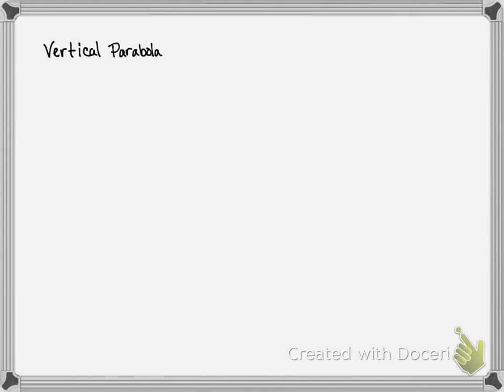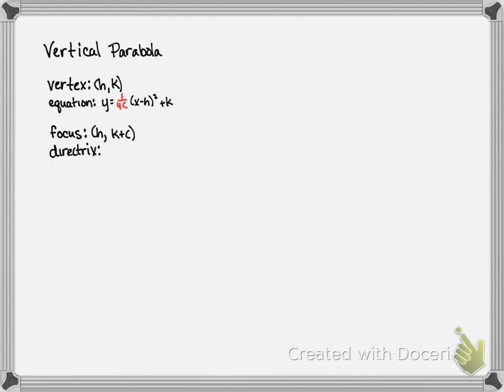As I said, we are only going to be looking at vertical parabolas, and the formulas that we need to know for vertical parabolas are the vertex, which we know is (h, k), the equation, and we've seen vertex form as y = a(x - h)^2 + k, but right now we're going to also see that a can be represented by 1/(4c), and the focus has coordinates (h, k + c), and the directrix, which is a horizontal line, will have the form y = k - c.